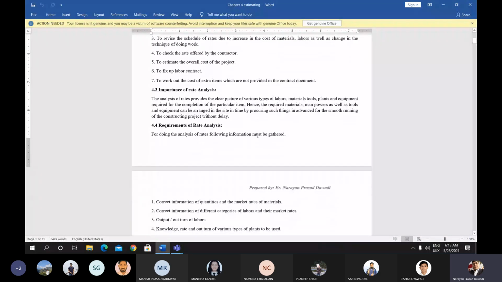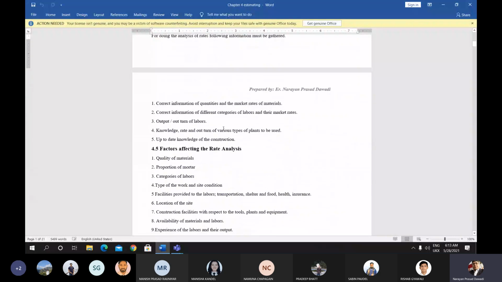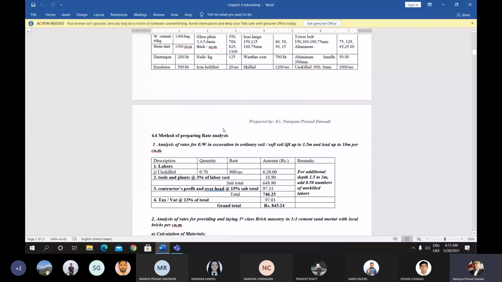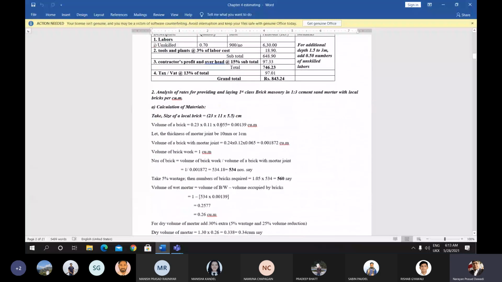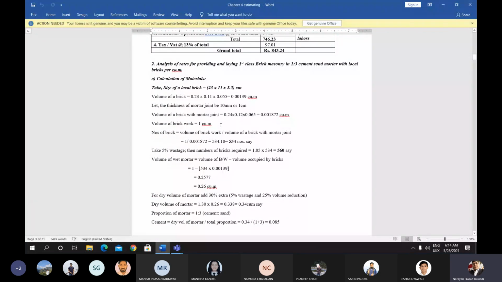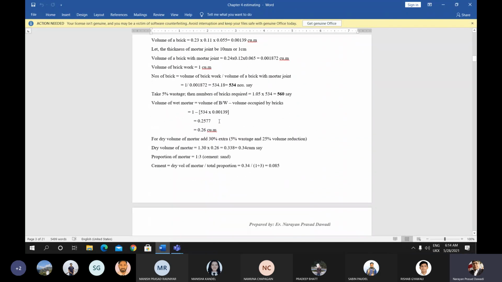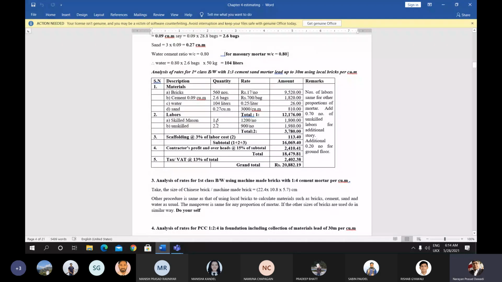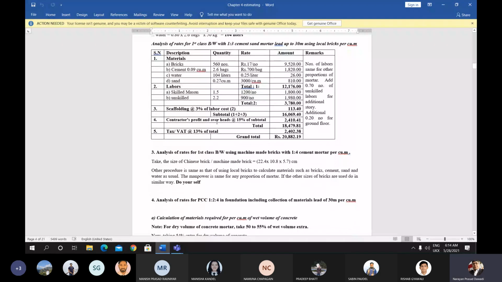Yesterday we did a rate analysis for the brick masonry work. We analyzed how to calculate the quantity of the bricks required for the work, and its rate analysis.